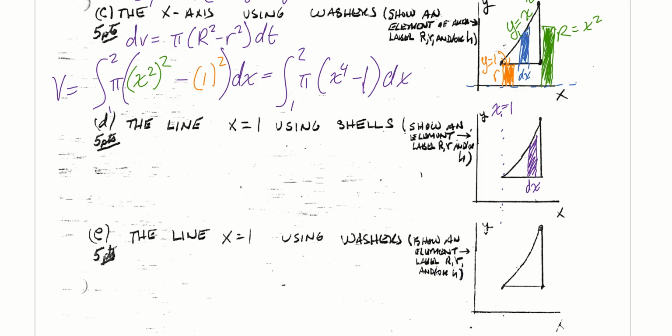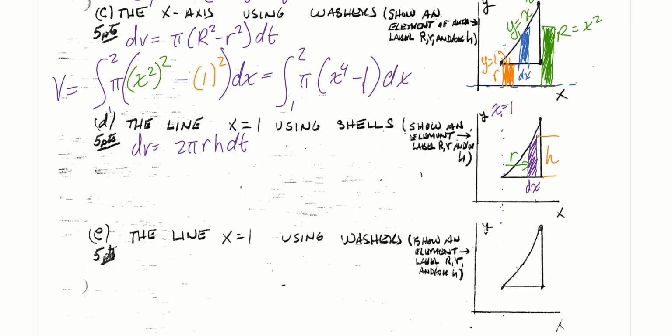And remember, dV equals your circumference, 2 pi r, h dt. So r is going to be your distance out to your element of area. So that's r. Height is going to be the height of your strip. And dt is always going to be whatever variable you're doing it in.